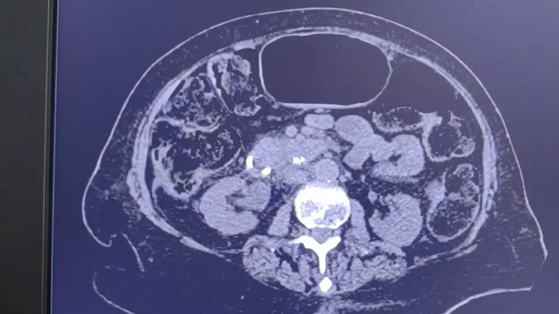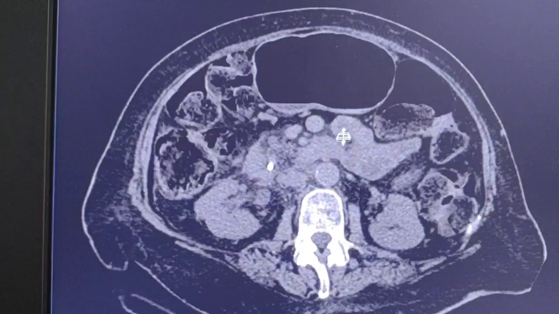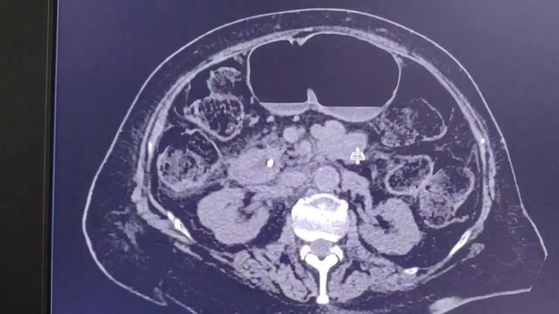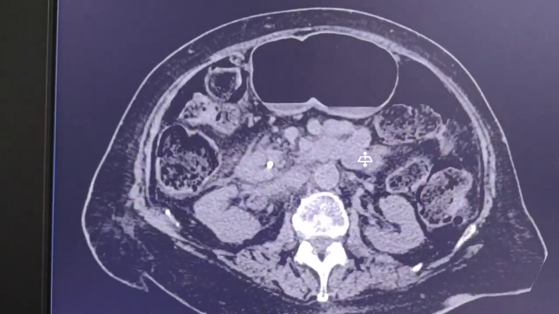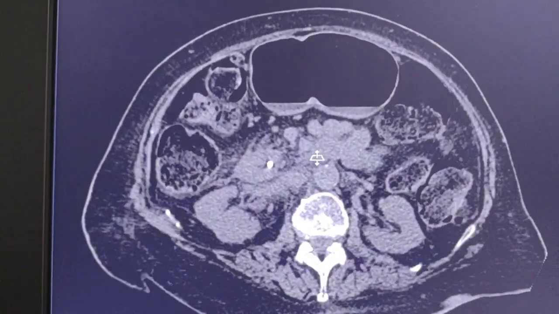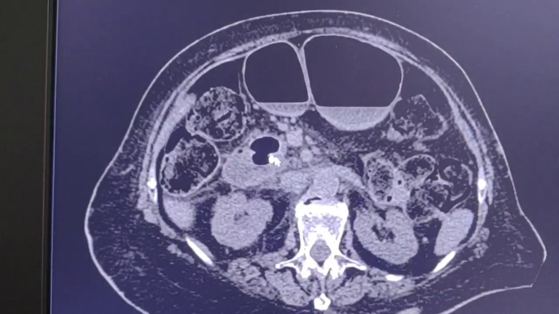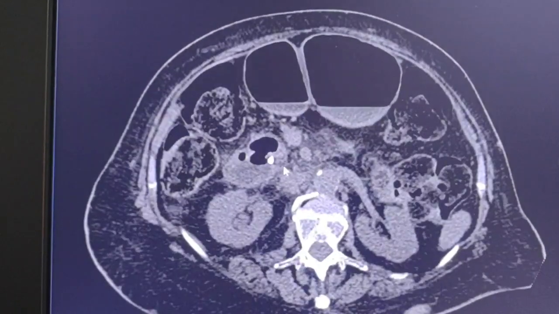Okay, as you see, the third part of the duodenum is collapsed, and the rest of the small bowel is also collapsed. So there is gastric obstruction at this point.